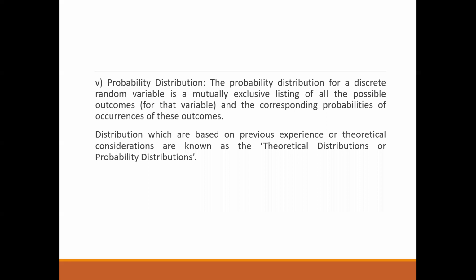Okay, for this probability distribution, let us take an example of a coin. Not a single coin, but 3 coins tossed. For each coin, there are only 2 events that can occur: either it will be head or it will be tail. If 3 such coins are tossed, that becomes an experiment.